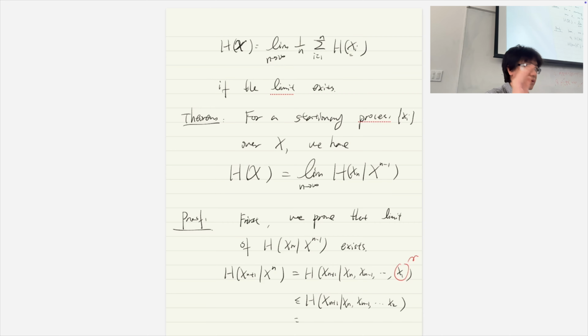And then because we have a stationary process, this will equal Xn given Xn minus 1 up to this. So in this step we use that conditioning reduces entropy, and in this step we use that it is a stationary random process.